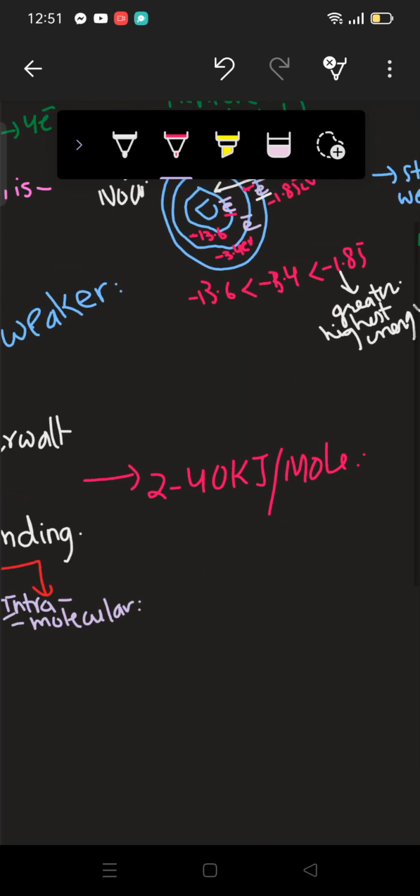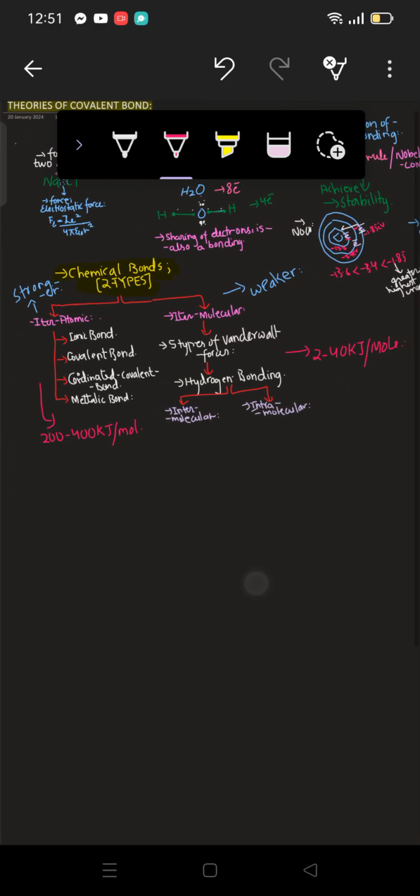So now you can see what is weaker and what is stronger. Again, I am repeating: types of chemical bond include interatomic and intermolecular. Interatomic includes ionic, covalent, coordinate covalent and metallic bonds. These are stronger, with energy from 200 to 400 kilojoule per mole.